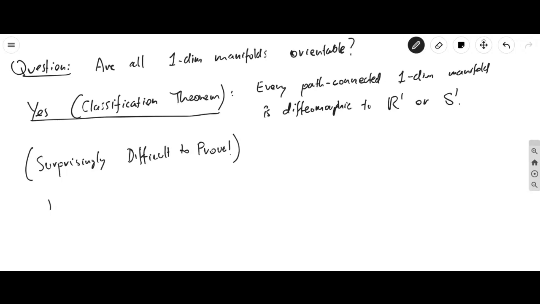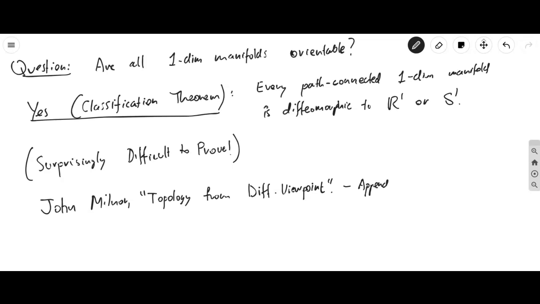There's a very famous book by John Milnor called Topology from a Differentiable Viewpoint. He proves this in the appendix, and in his proof, he does not even use triangulation. He does it using diffeomorphisms and things like that.